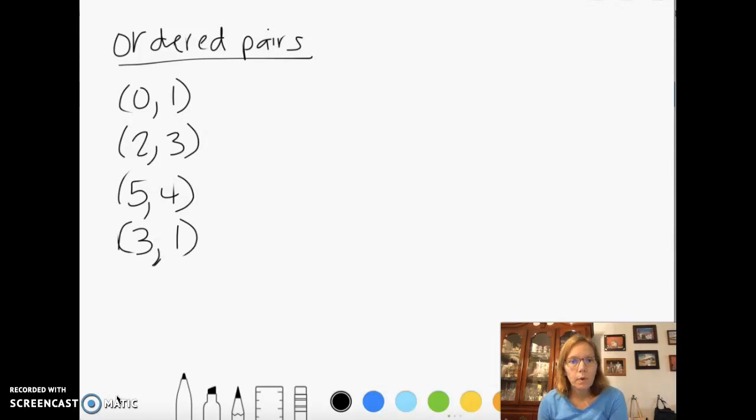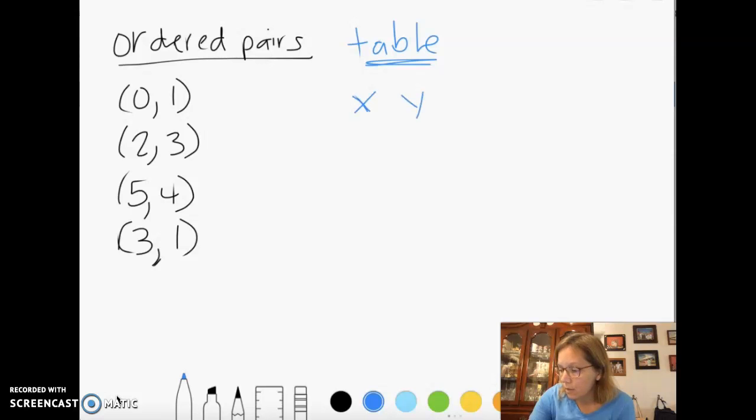Okay, so that's one way to write a relation. It's just listing the ordered pairs. Another way to write a relation is in a table. So the way that I wrote my list of ordered pairs, the table looks very similar to that. I'm just going to have a column for x and a column for y, and then I'm just going to write my ordered pairs down.